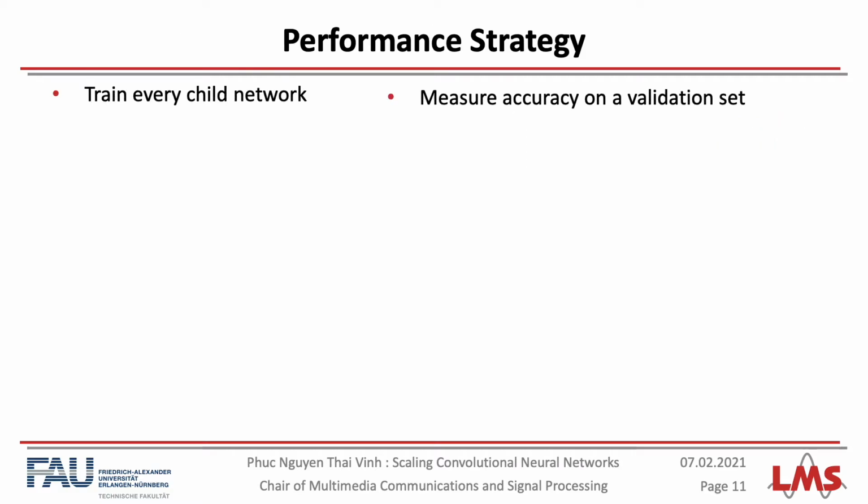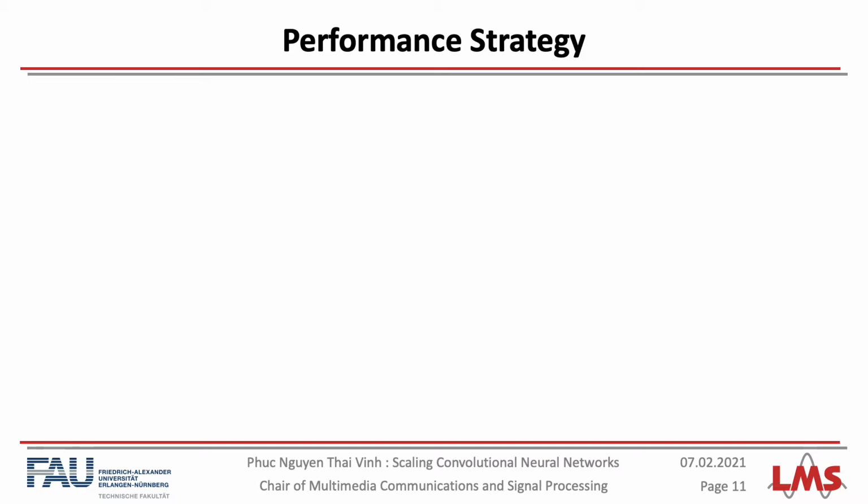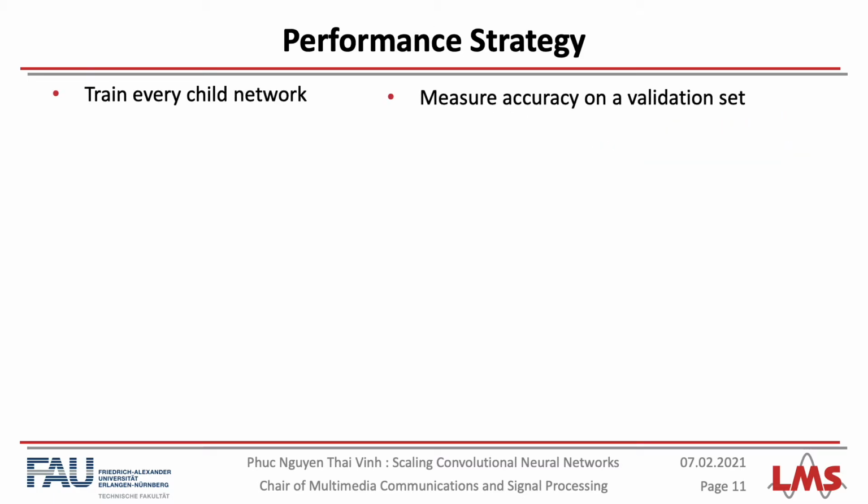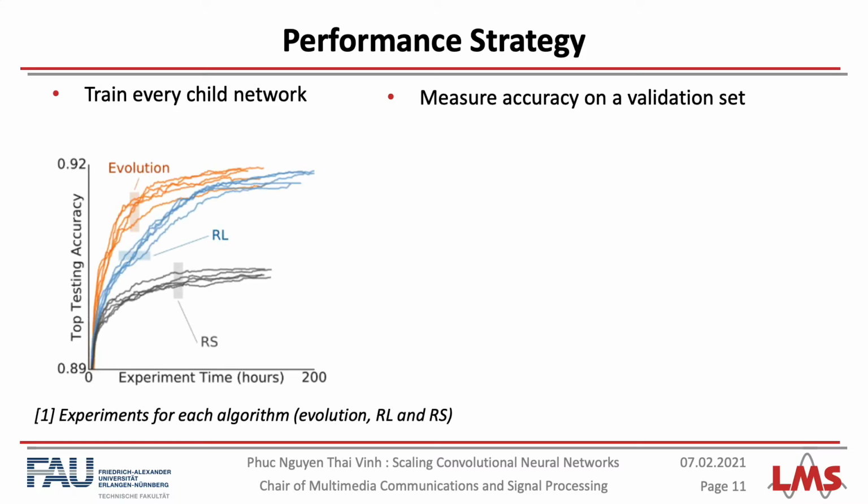And now we move on to performance strategy. In the performance strategy, we train our child network architecture produced by the search strategy, and measure the accuracy on the validation set, which is the set we use for evaluating accuracy. And here on the right side of the screen, you can see the experiments of different kinds of algorithms: evolution, reinforcement learning, and random search.